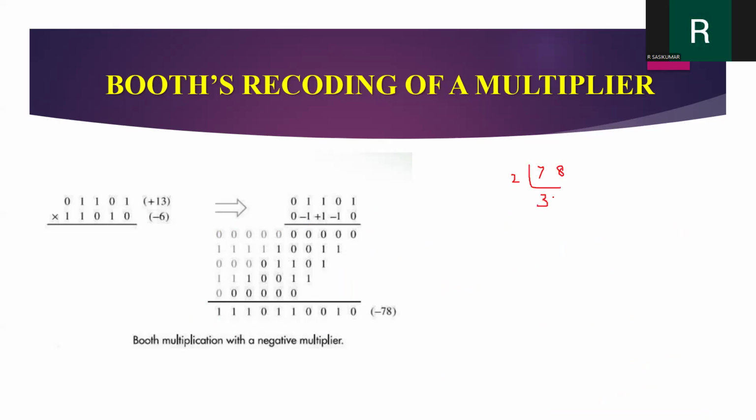3 2s are 6. Then 39, so 0 and 2. 19, 2, 1, 2, 1, 2, 2, so 0, 2, 1, 7.